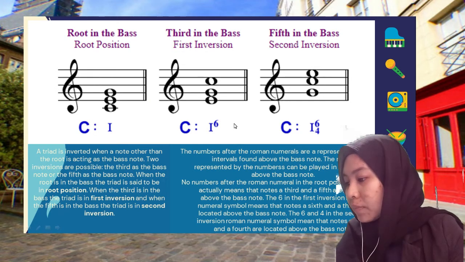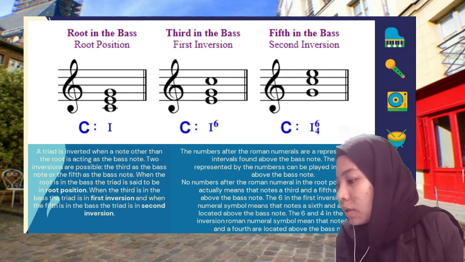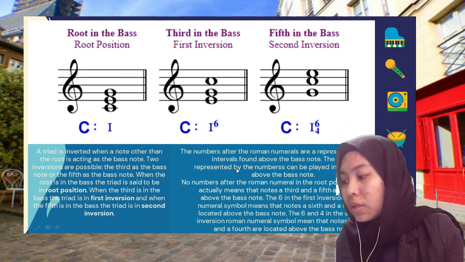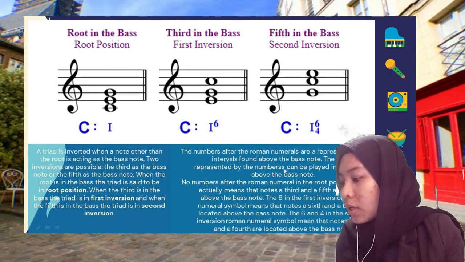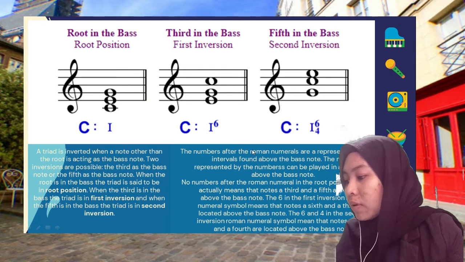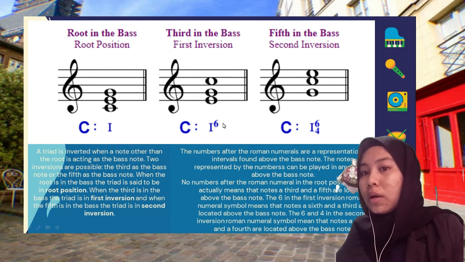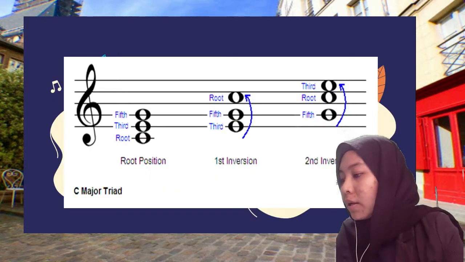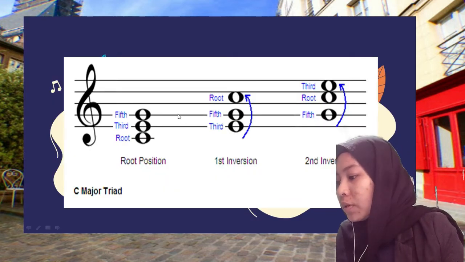And then the numbers here, after the Roman numerals, this 6 and this 6-4, represent the intervals found above the base note. So the notes represented by the numbers can be played in any octave above the base note. Okay, this is another example for notation.